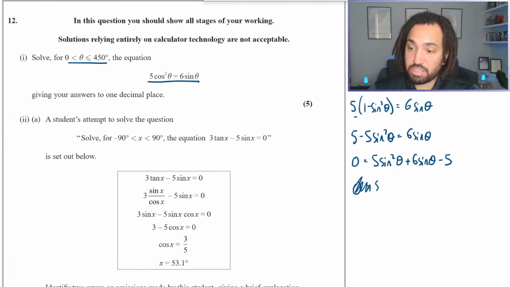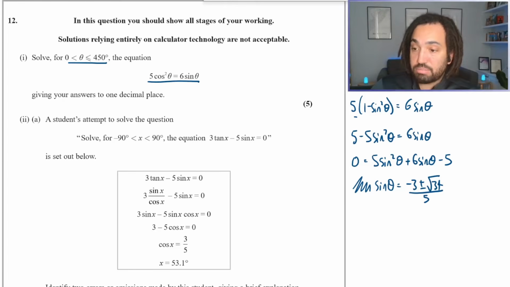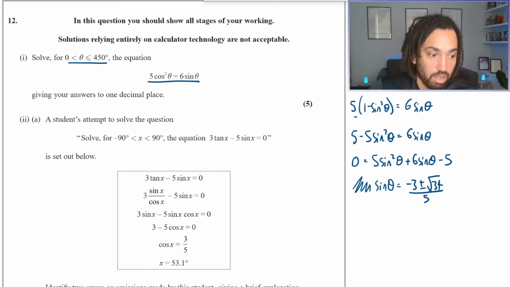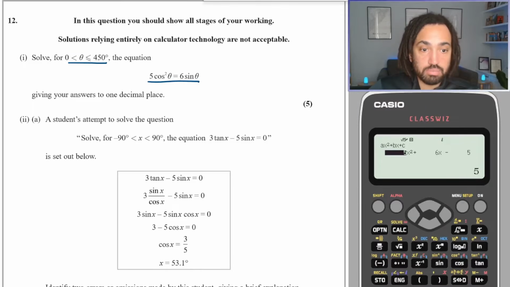So I can say that sine theta is equal to minus 3 plus or minus the square root of 34 over 5. Okay, now actually, are they all possible?